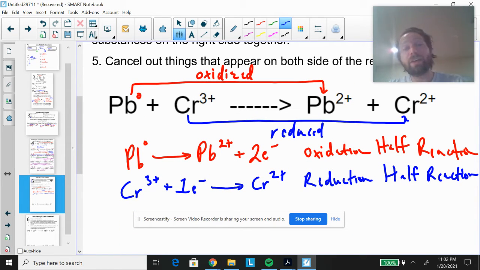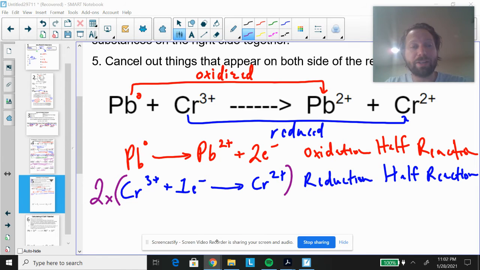I see that 2 electrons were lost in lead, but I also see that chromium only added 1. So I have to change chromium's half reaction to multiply by a number to get it up to 2. So how do we go from 1 to 2? I have to multiply by 2. So this whole reaction is going to be multiplied by 2.